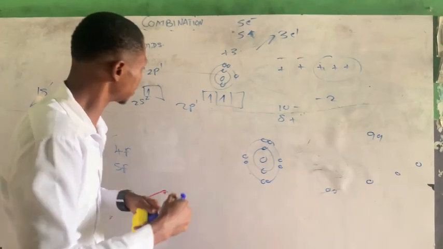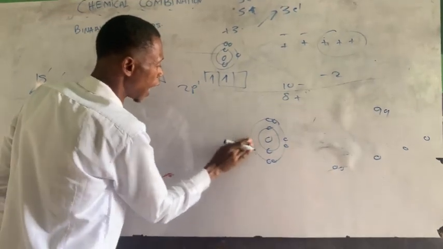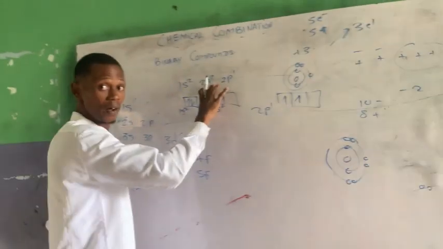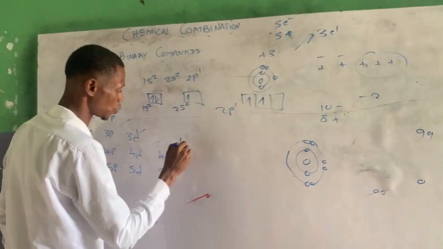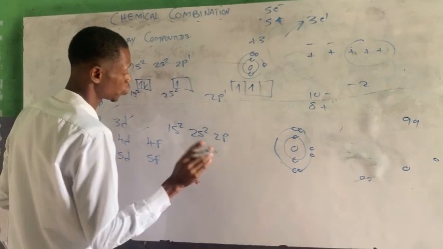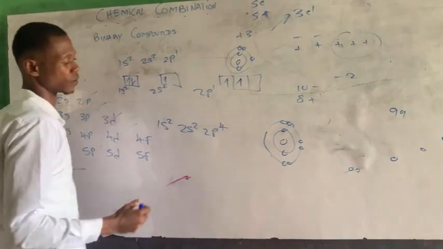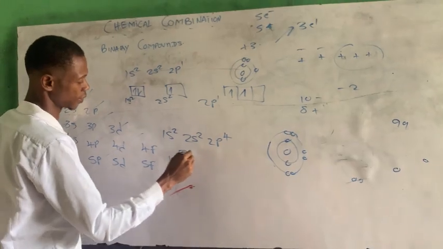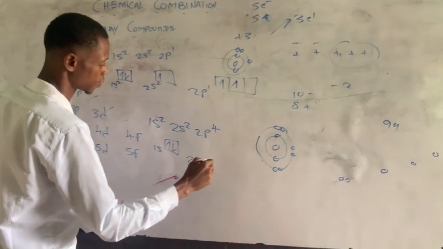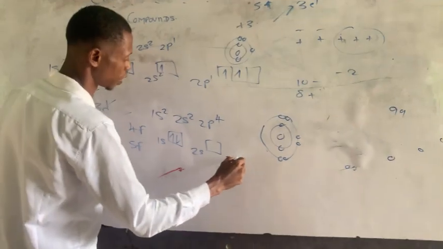To get the valency of oxygen, look at atomic number 8: we have 1s2, 2s2, 2p4. You start with 1s, then fill 2s, and then 2p.